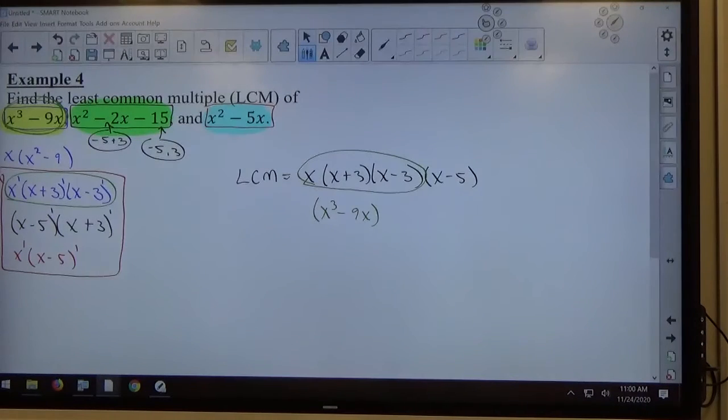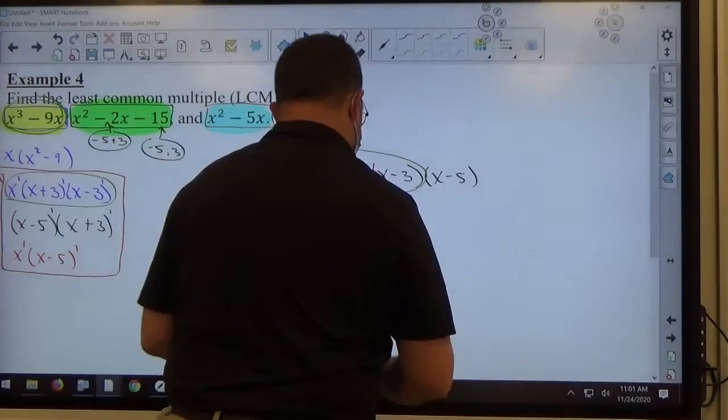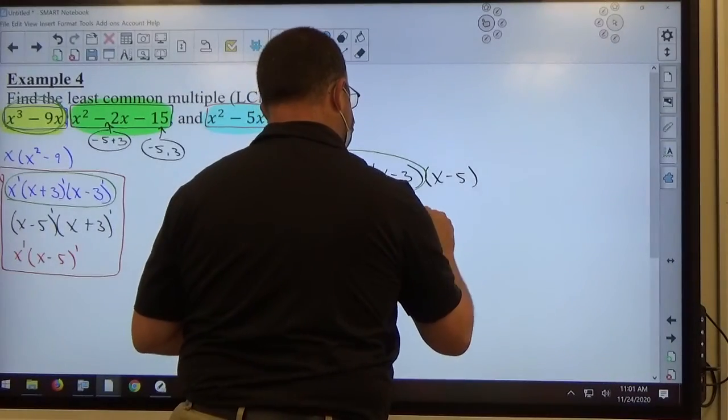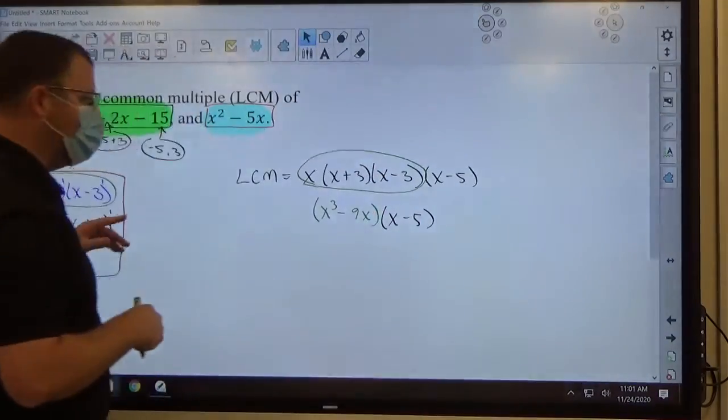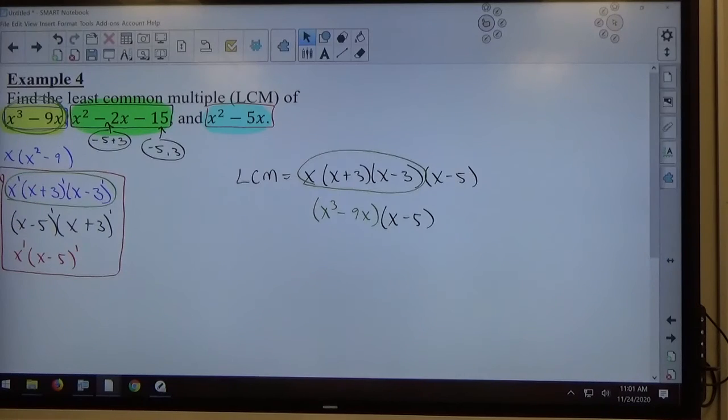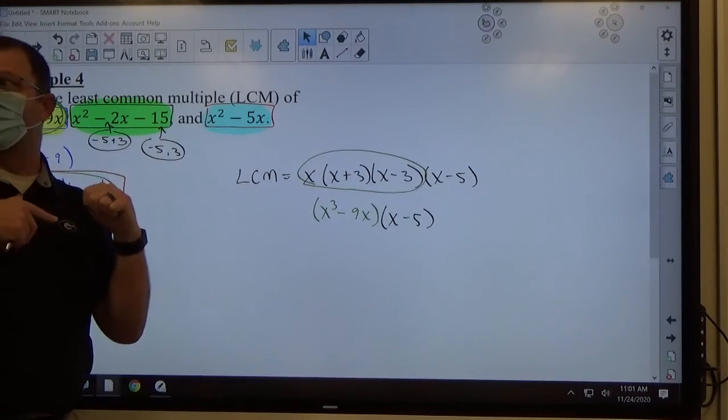No FOIL necessary, no polynomial multiplication necessary. This broke down to this, and now I'm trying to go back, so I'm just kind of shortcutting it here. That's still being multiplied by x minus 5. Nothing over here says x cubed minus 9x times x minus 5 equals something up here, right? So now I've got to do some polynomial multiplication here.